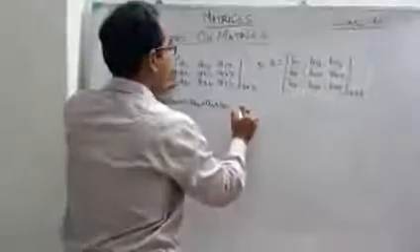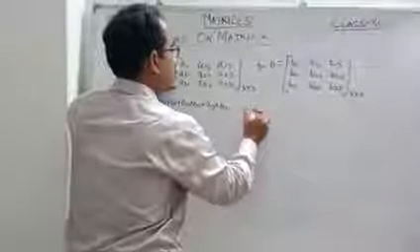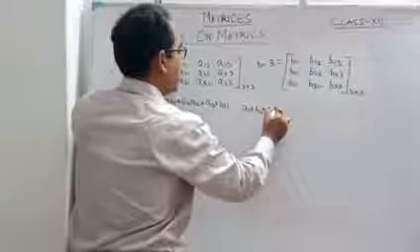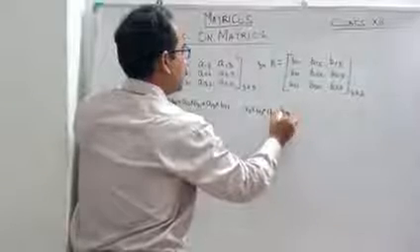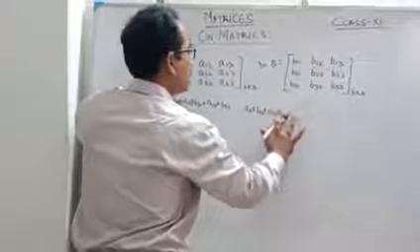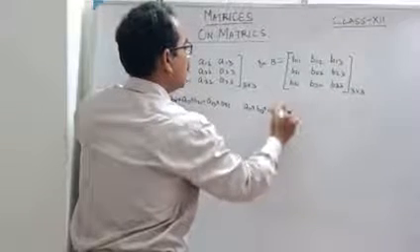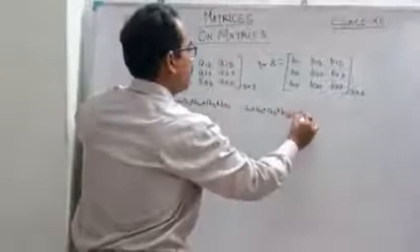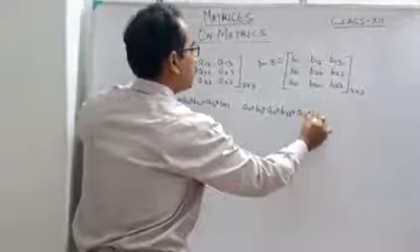That means A11 multiplied by B12 plus A12 multiplied by B22 plus A13 multiplied by B32.